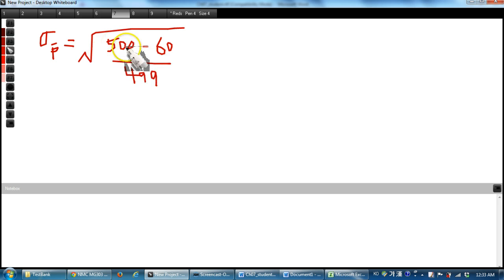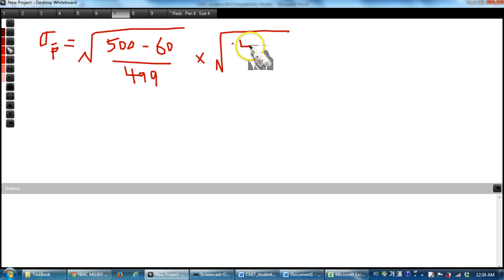This is the population N minus the sample small n, divided by large N, 500, minus 1, following the equation discussed in your textbook.